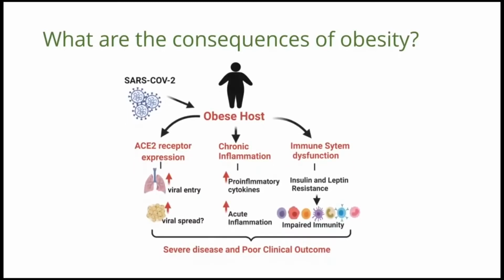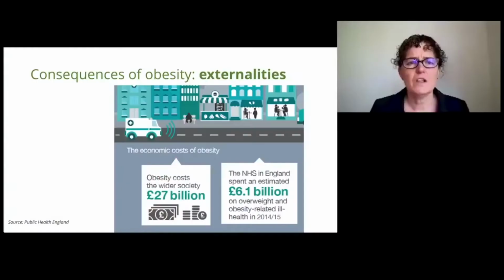Over the recent SARS-CoV-2 epidemic, we've seen that people who are obese suffer more in terms of complications and ultimately death. These externalities suggest that policies that reduce obesity could improve social welfare.